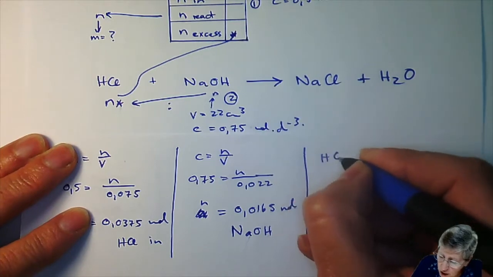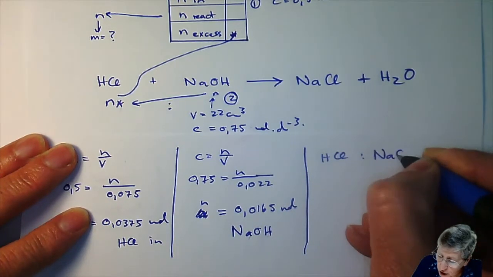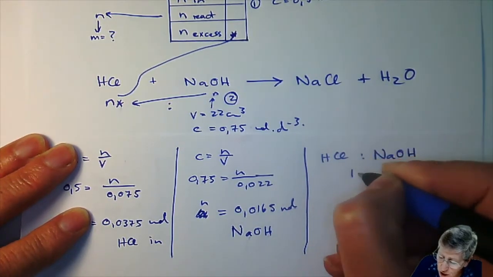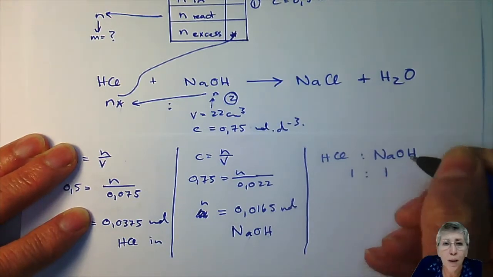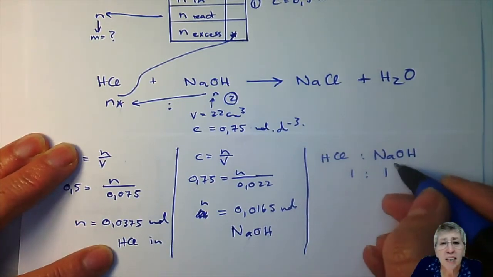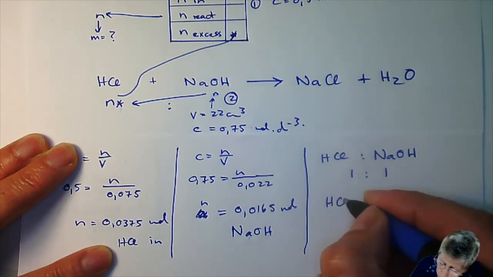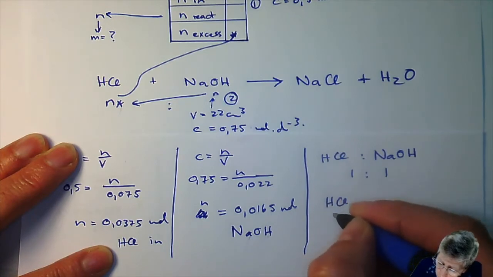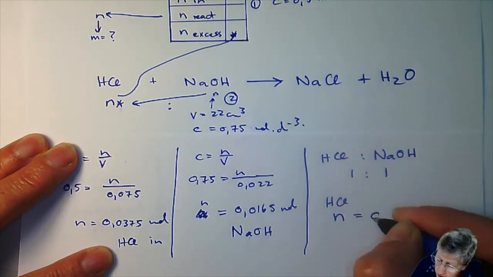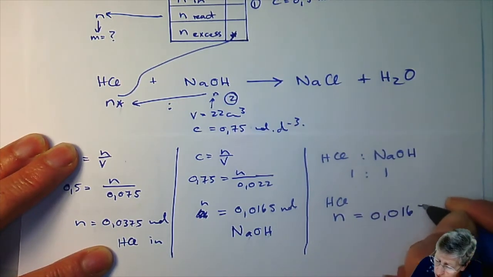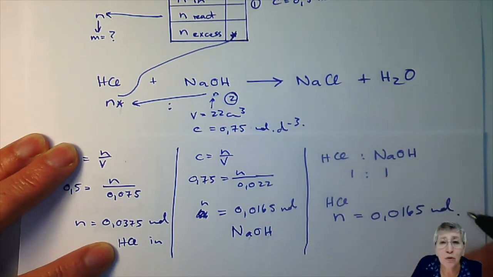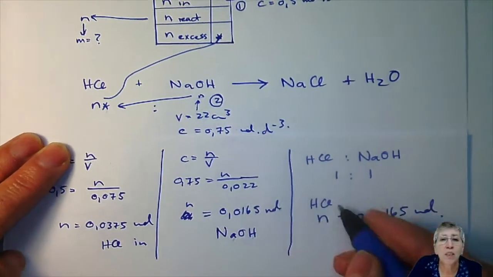Now I know how many moles of sodium hydroxide were used to neutralize the HCl. And I know HCl to NaOH react in the ratio 1 mole to 1 mole. So if I needed 0.0165 of that, it means my HCl moles will also be 0.0165 moles. Now, what's important?